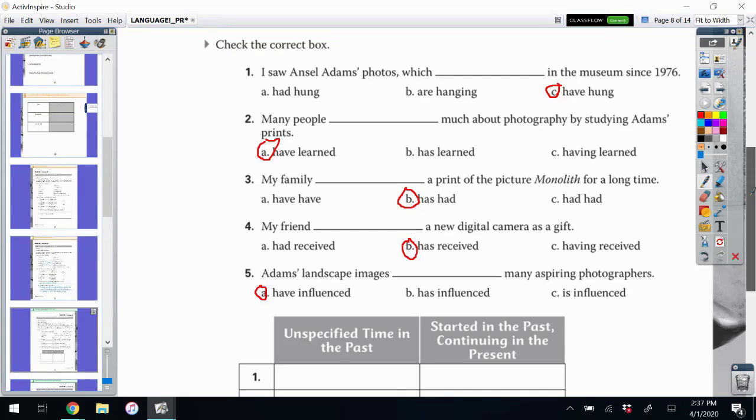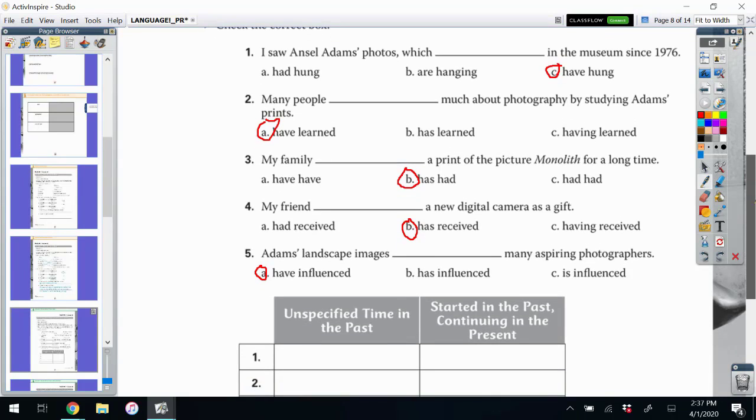Now this part, we are going to look at the number 1, and we're going to say, did it happen at an unspecified time in the past, or did it start in the past and continue into the present? Okay, number 1, Ansel Adams photos have hung in the museum since 1976.